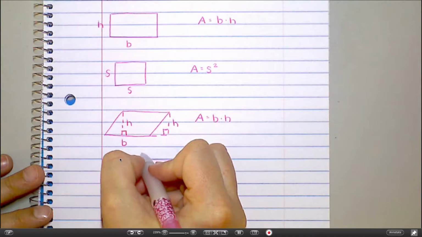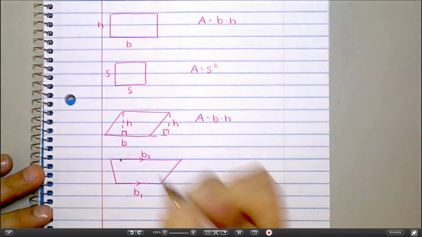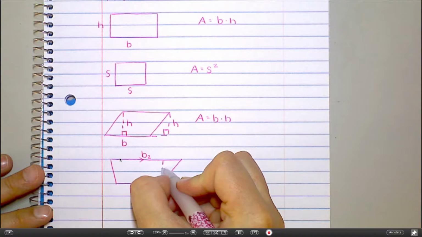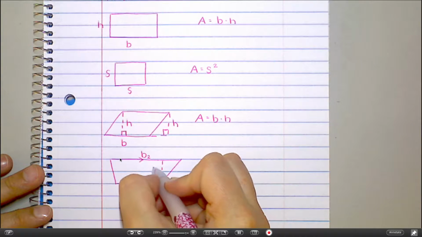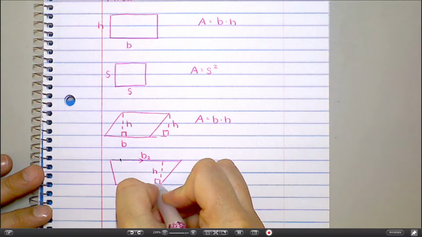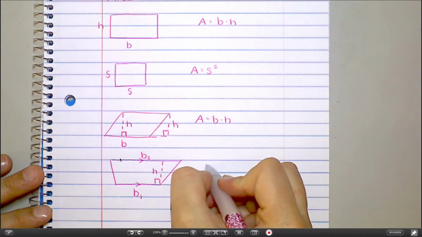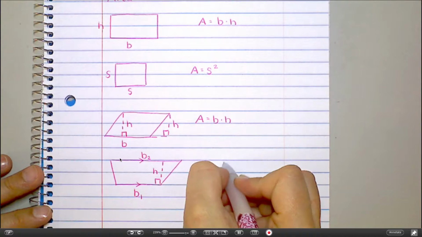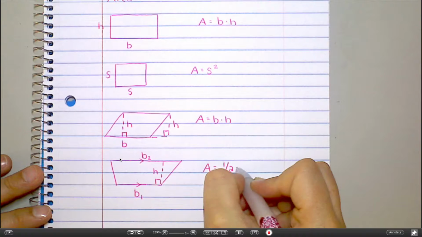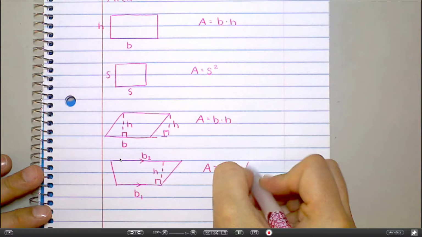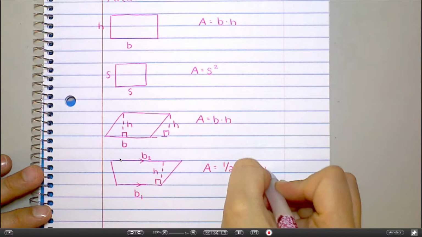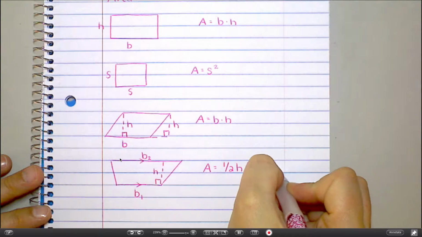So it has base 1 and base 2. The height, just like before, needs to be straight up and down at a right angle. And so the formula looks like this: 1/2 times the height times base 1 plus base 2.